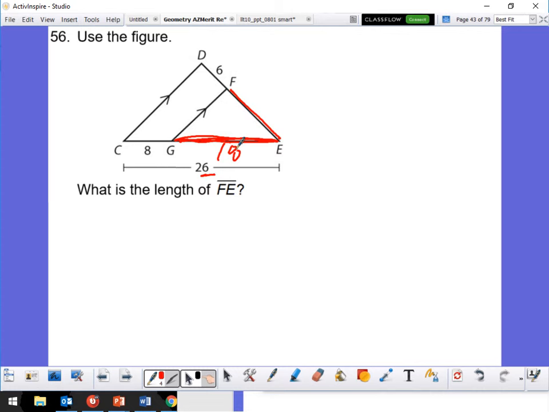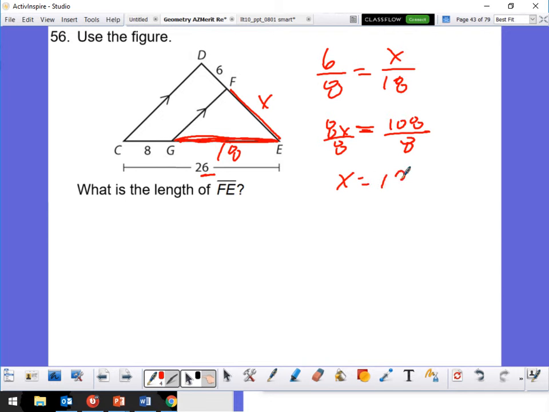I'm looking for FE, so I'm going to put an X there. So let's say 6 over 8 is equal to X over 18. Do the math. 8X is 6 times 18, which is 108, divided by 8. X is 13.5. Oh, good.